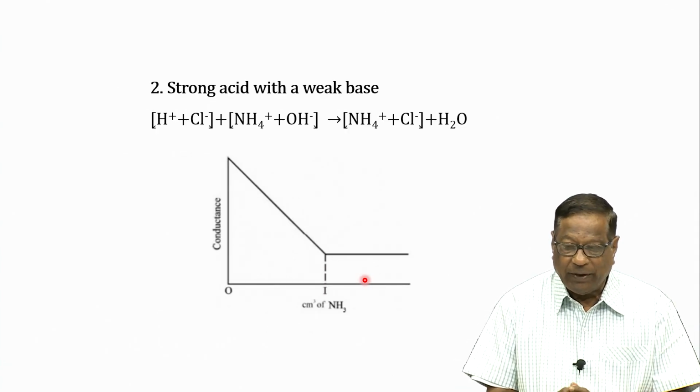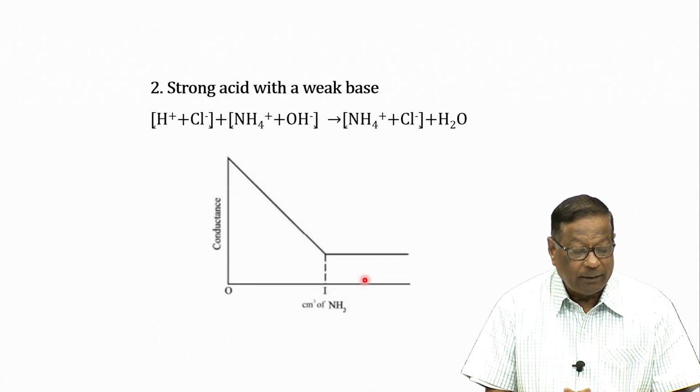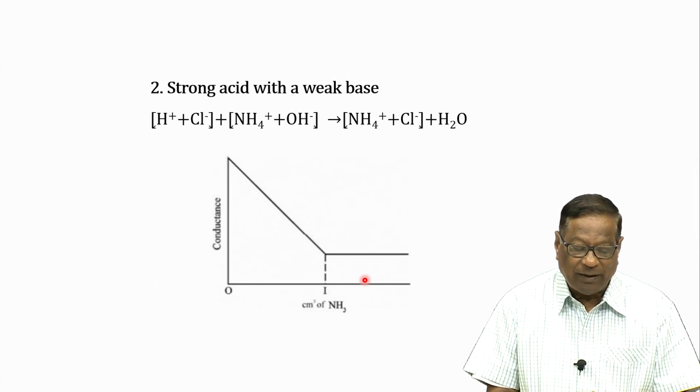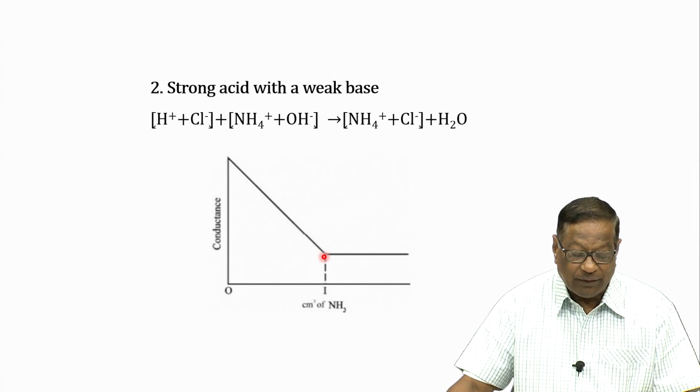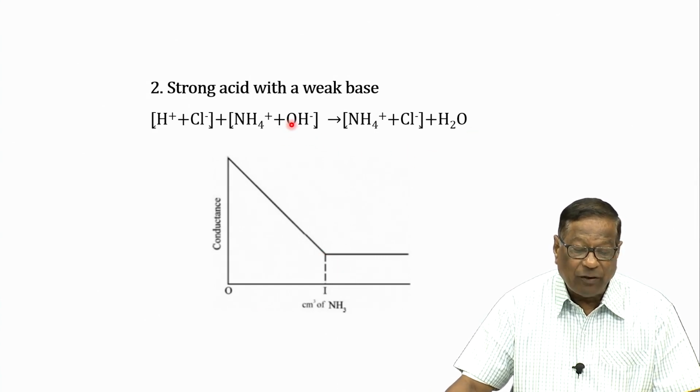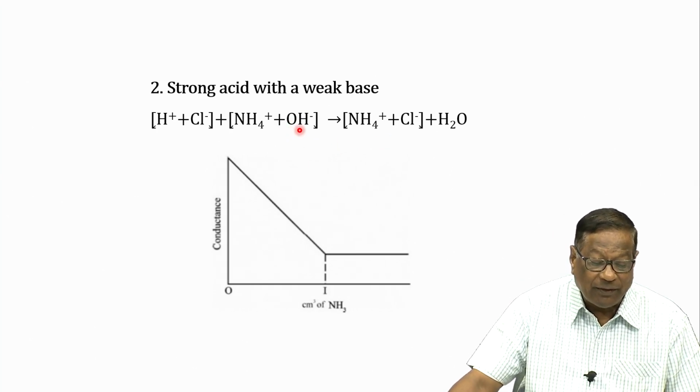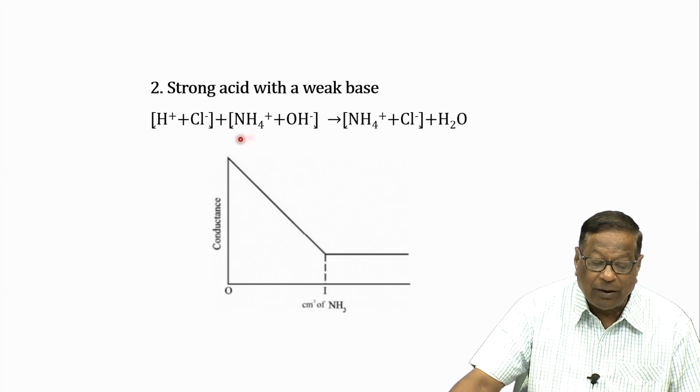We can also take a strong acid with a weak base, that is NH4OH. Here after the equivalence point, what happens? You are going to add NH4 and OH minus, excess will be there, or you can take NH4OH with HCl.